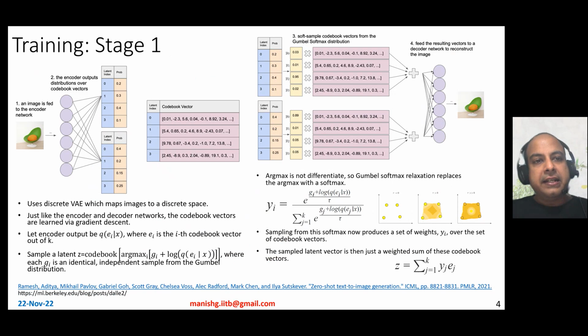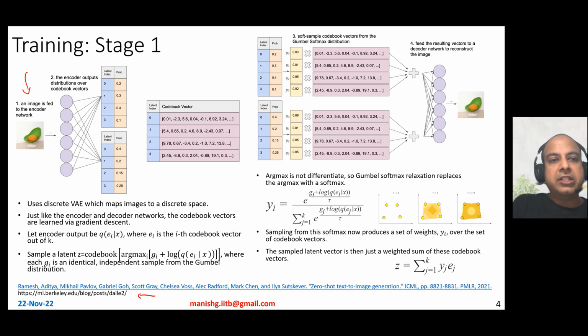Here is a double click into the first stage, which is learning the discrete VAE. The steps are nicely shown in these illustrations, which come from this nice blog post. In the first step, you take the image and feed it to a CNN encoder.